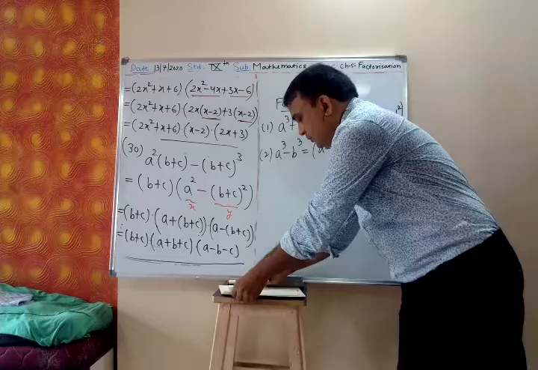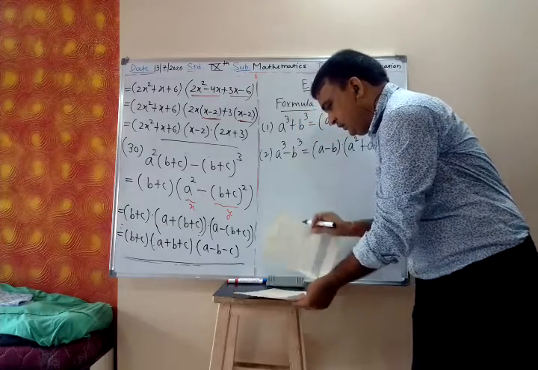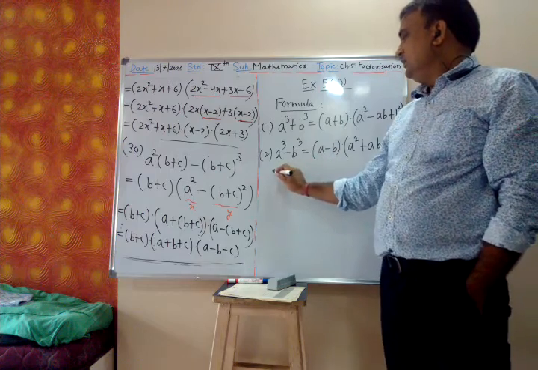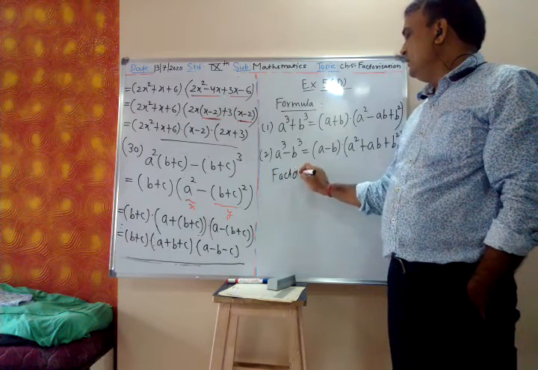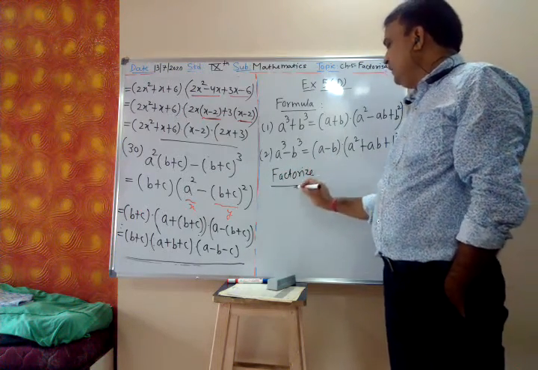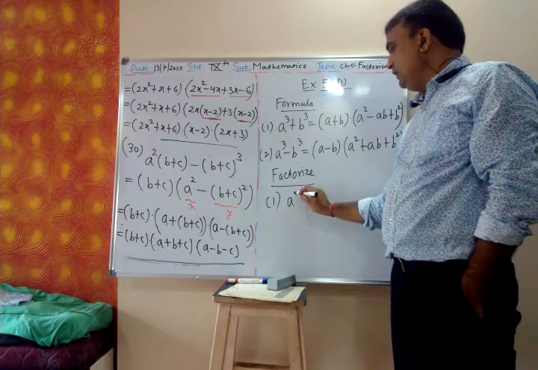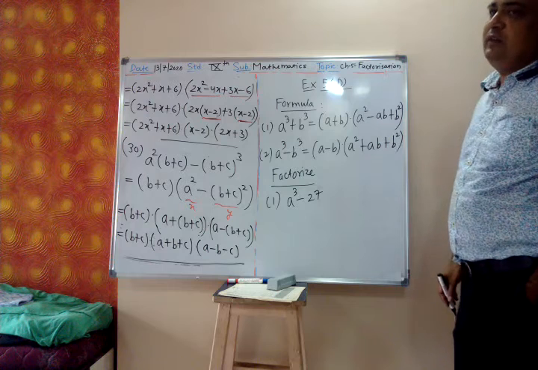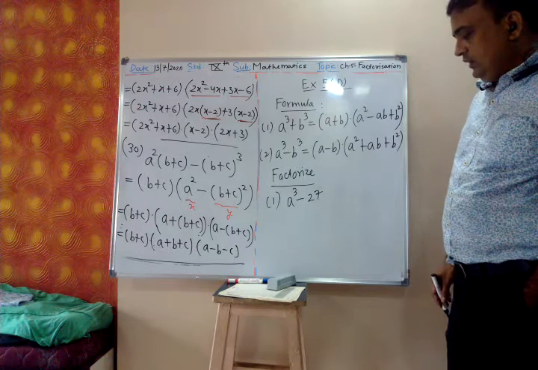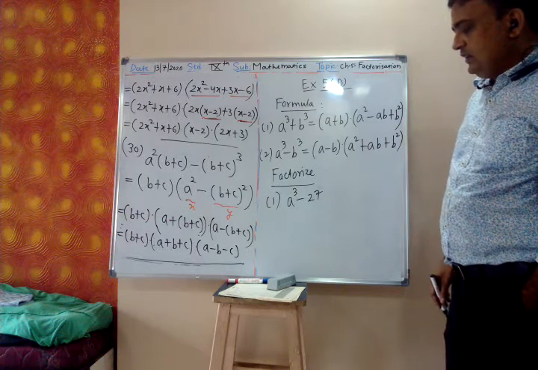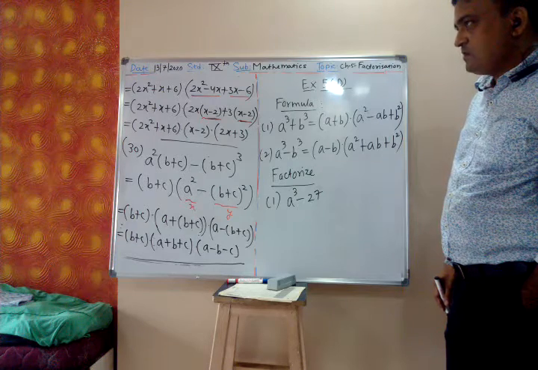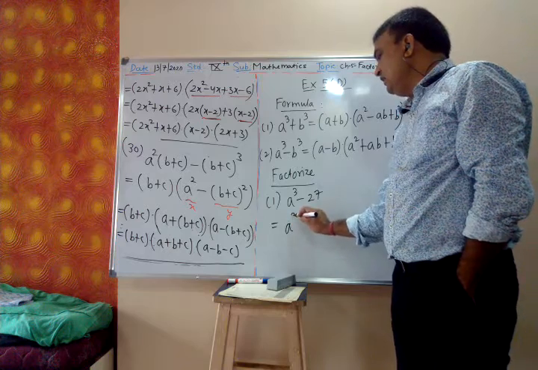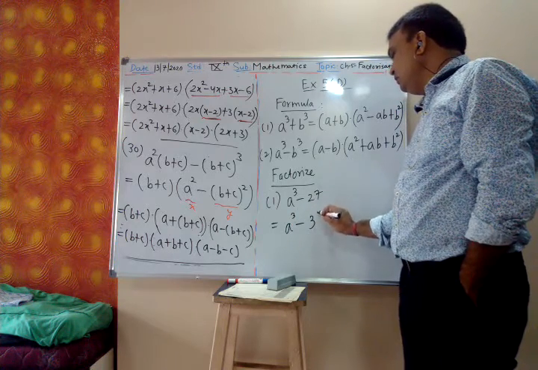So based on these two formulas is our next exercise 5D. Factorize first a cube minus 27. I can write this as a cube minus 3 cube.